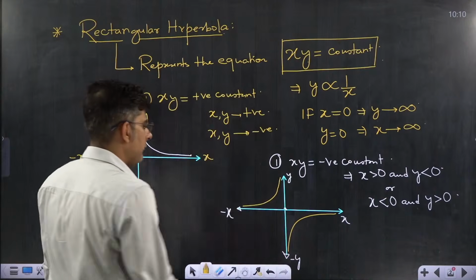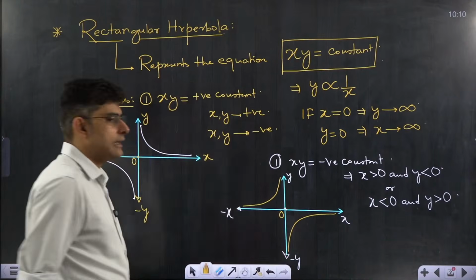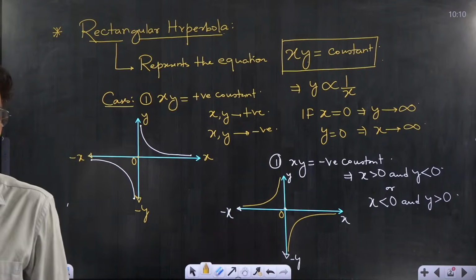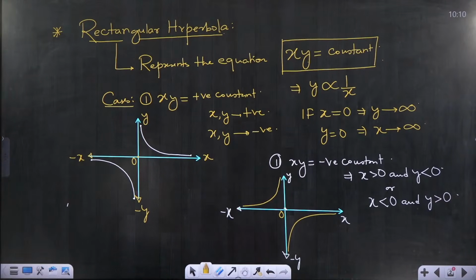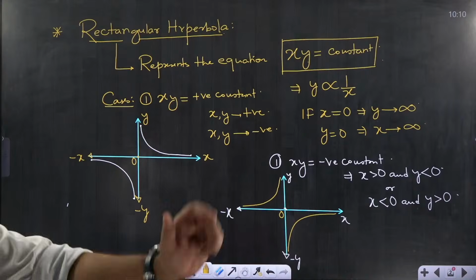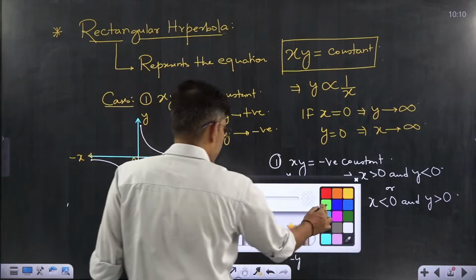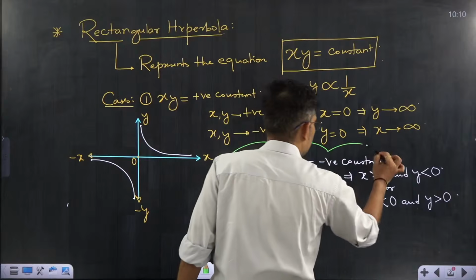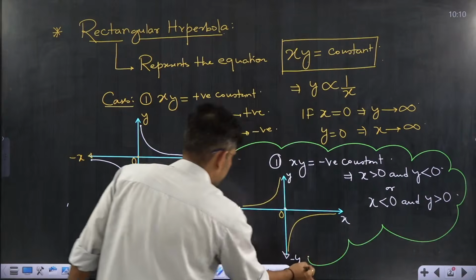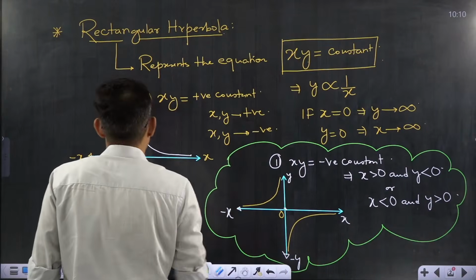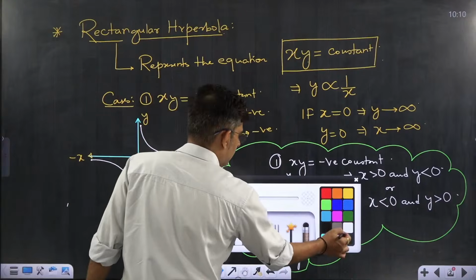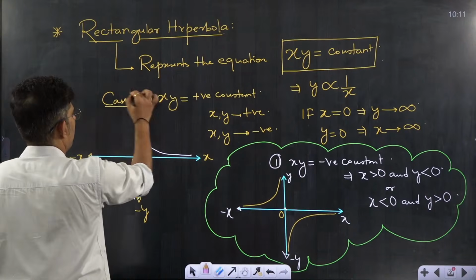So when you say infinity, that means you cannot touch the two axes. You will touch them at infinity, means you will never touch. So second and fourth quadrant you will have for the rectangular hyperbola whenever you see x into y is a negative constant, and first and third whenever you see x into y is a positive constant.